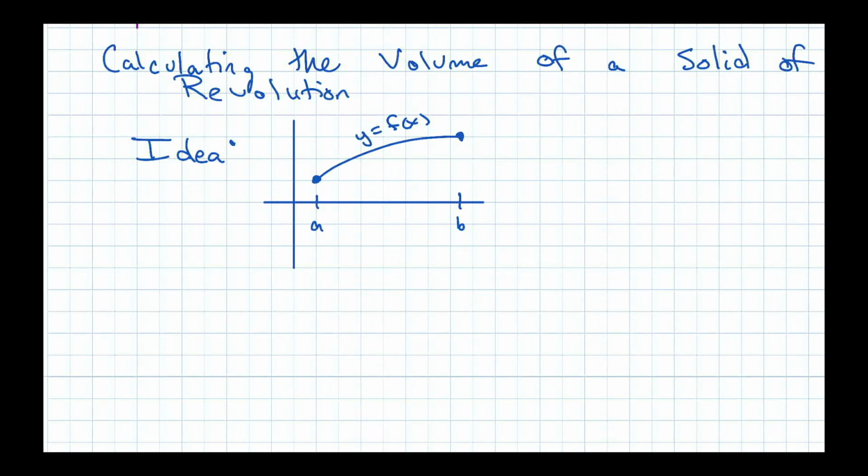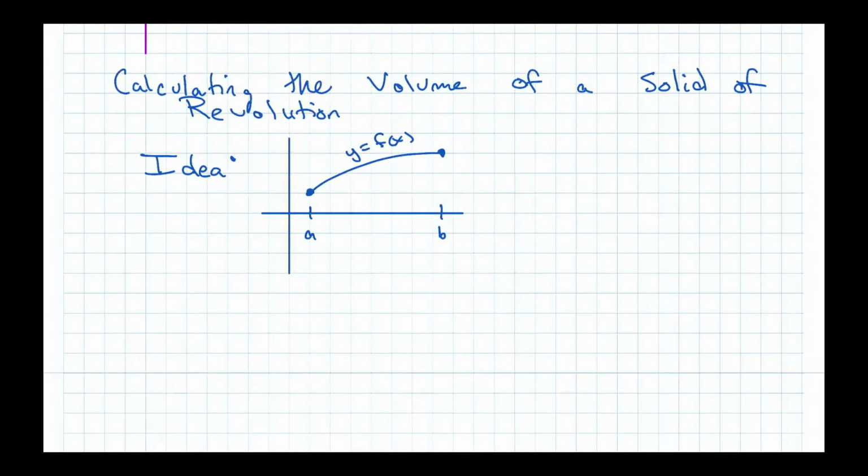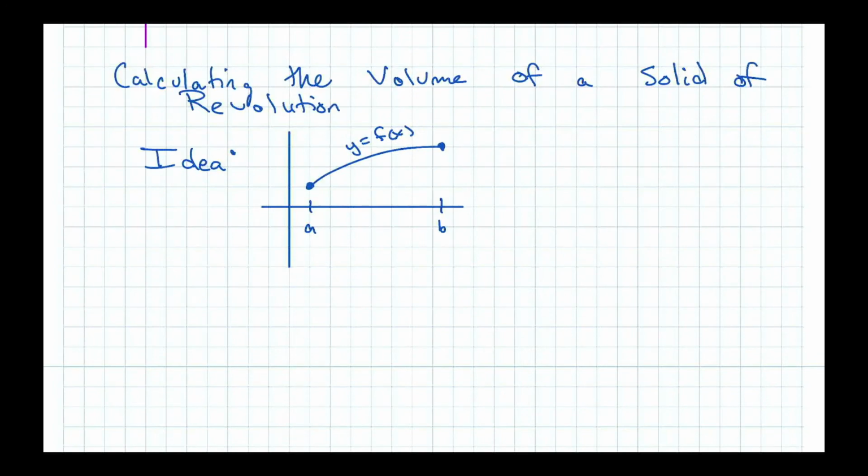Now, if you took this and you were going to rotate it around the axis, we know what that would look like, right? That's pretty much the first picture that we drew. What we would have is a shape like this. I probably shouldn't have drawn it that way, since you wouldn't be able to see through it.